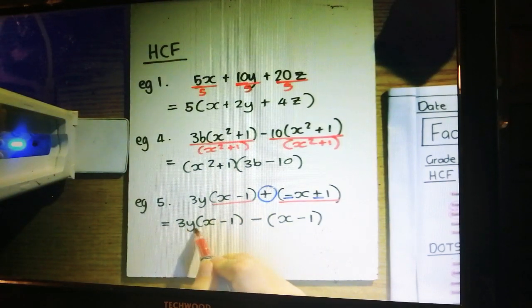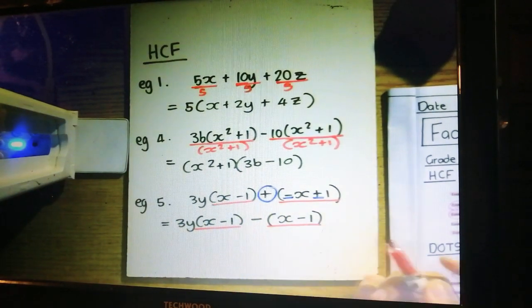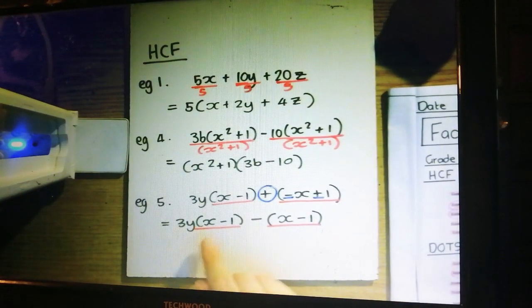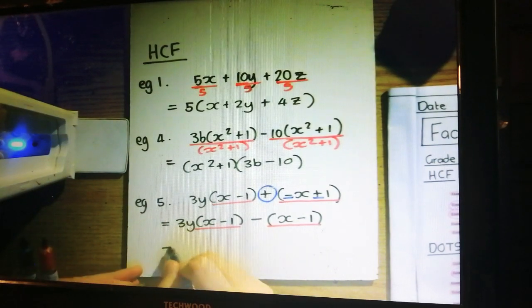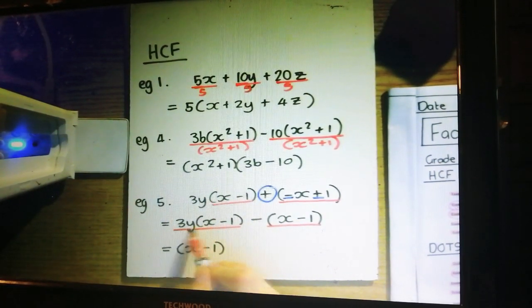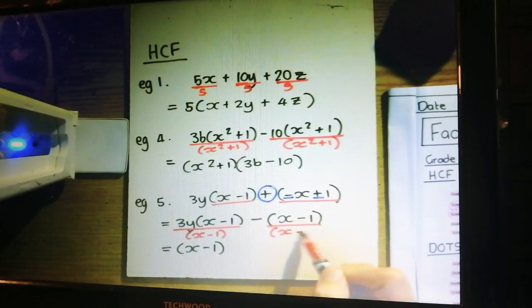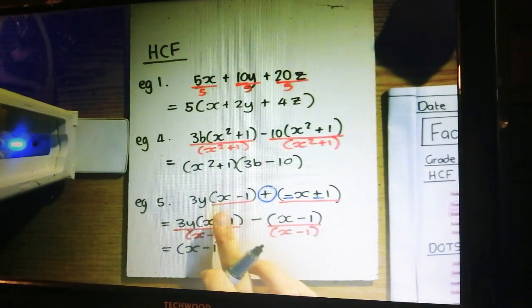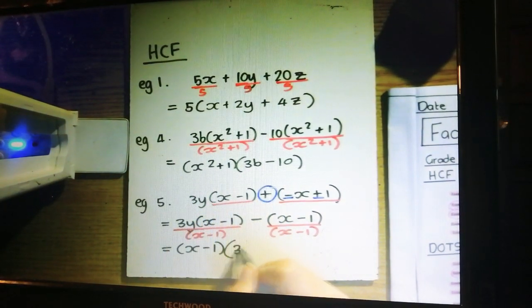And what do I notice? I have exactly the same brackets, hence leading to a common bracket. So if it's common, it means that I can take it out as a factor. So I take out my common brackets, meaning that I divide each term by x minus 1. And what am I left with here when I divide by x minus 1? I'm left with 3y.